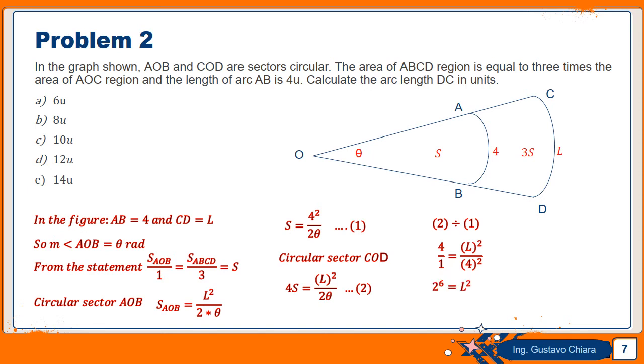Reduce the expression, we get that L squared is equal to 64, and reducing that, we get that the length of CD is equal to 8 units. Well, the answer of this problem is the letter B, that is 8 units.